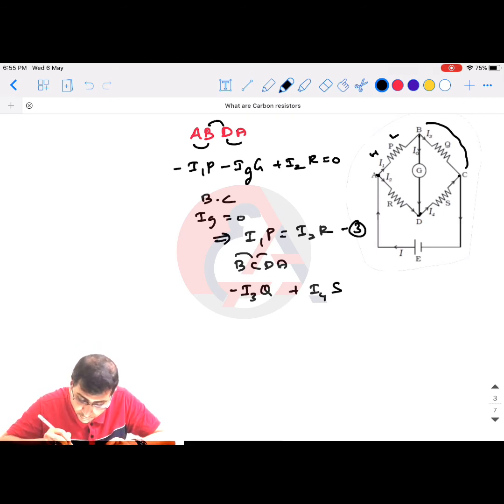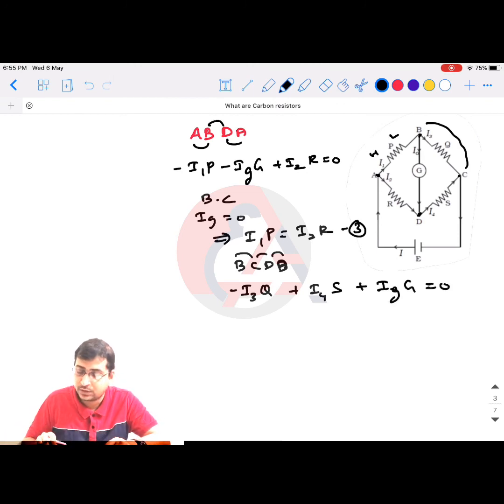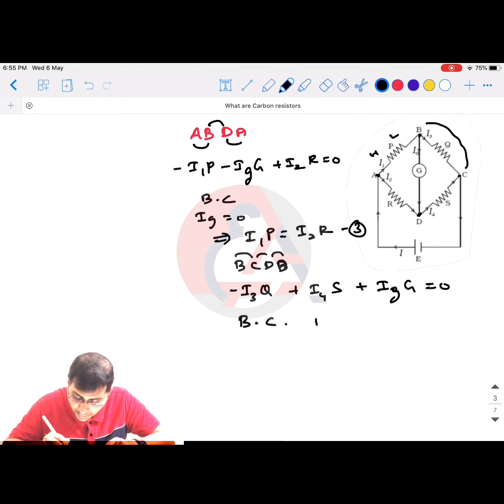Similarly, when you are going from D to B, you are again gaining a potential drop of Ig into capital G, all put together is 0. Again in balanced condition, what will happen? Ig will be equal to 0, which implies I3Q is equal to I4 into S.